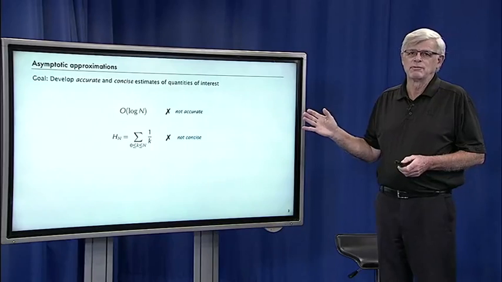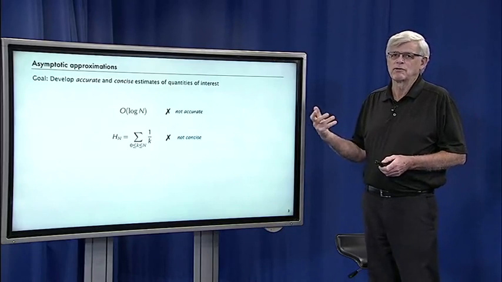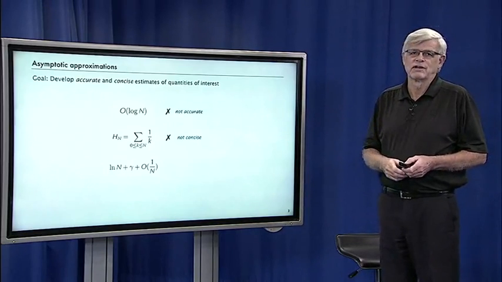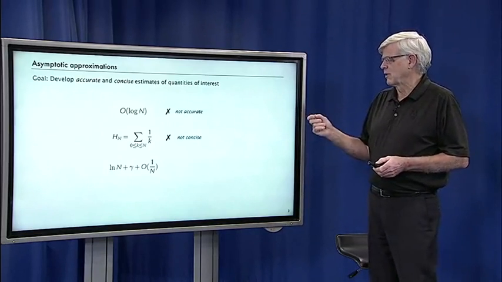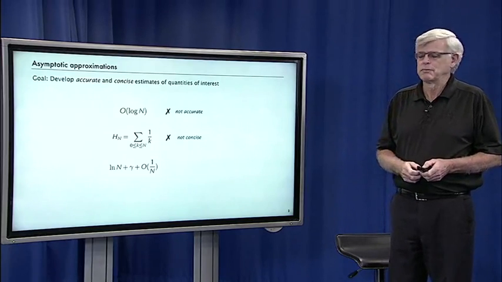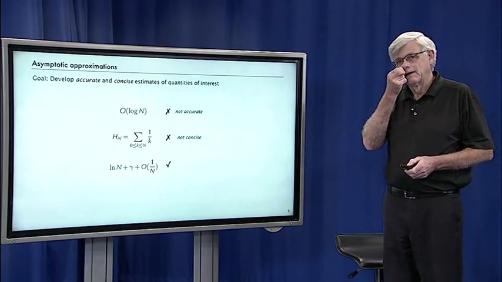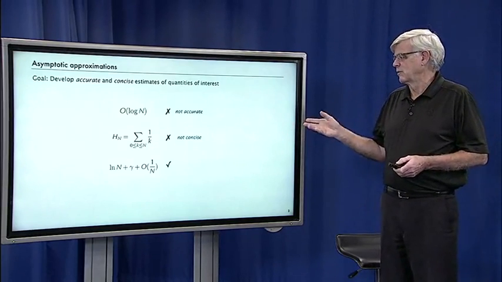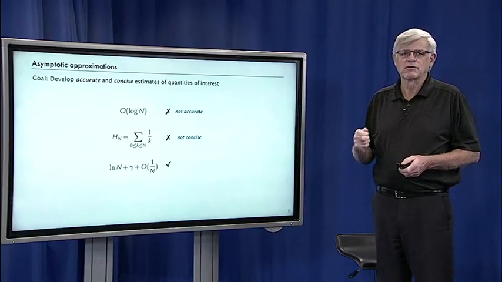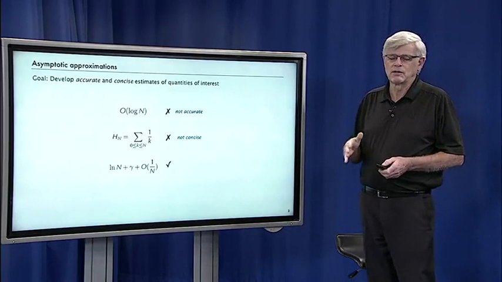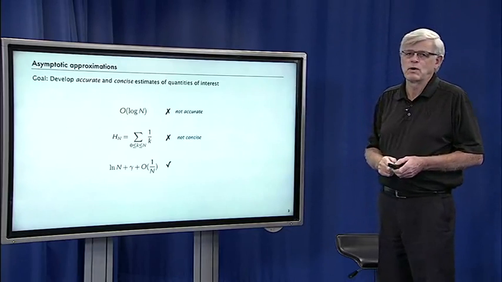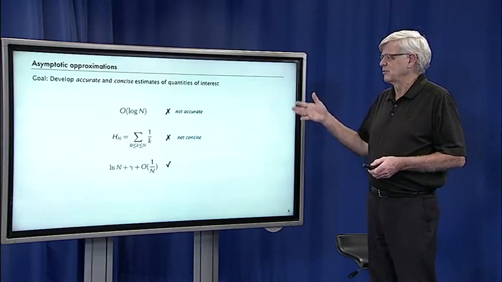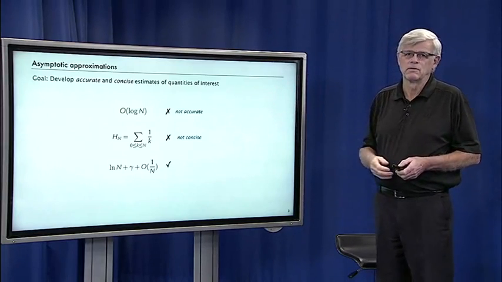Now, that's not too bad, but still the spirit of what we're talking about is to try to get accurate and concise expressions like this one, natural log n plus gamma plus big O of 1 over n. So that one, for large values of n, will give a numerical result that's very close to the quantity that we're interested in studying. And we'll see lots and lots of examples, but that's the basic goal.